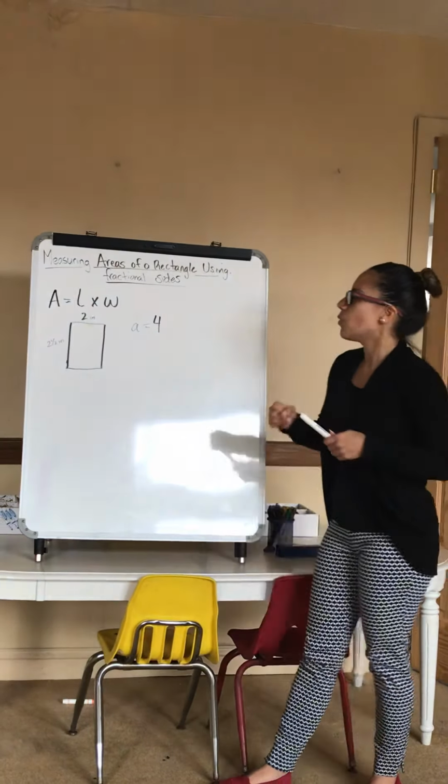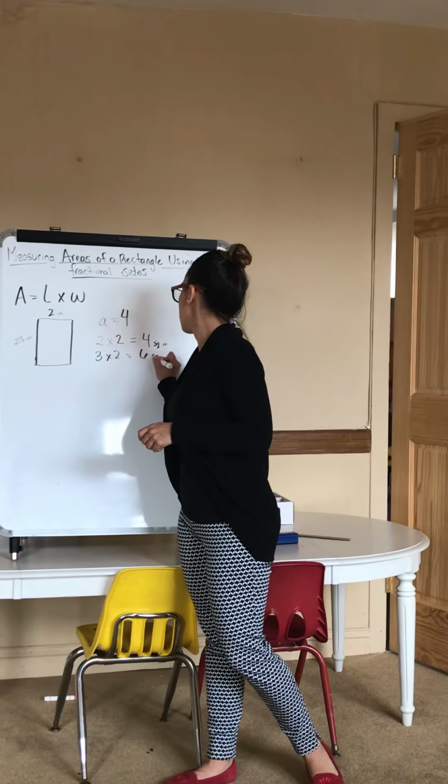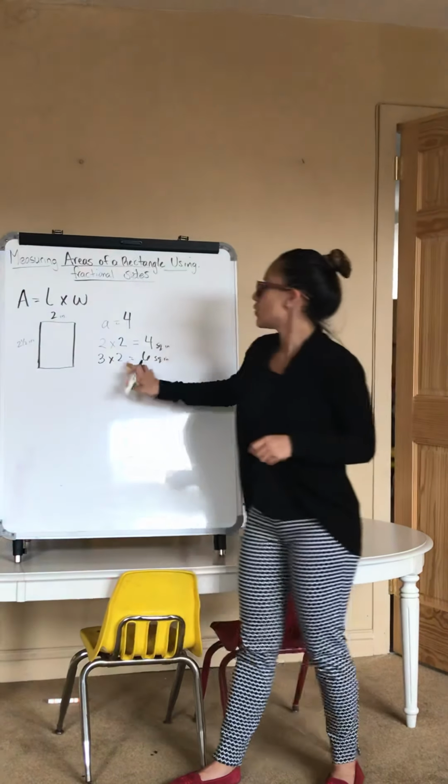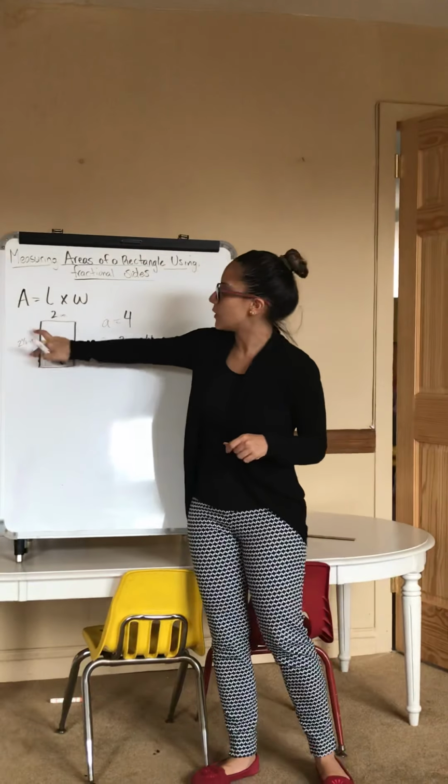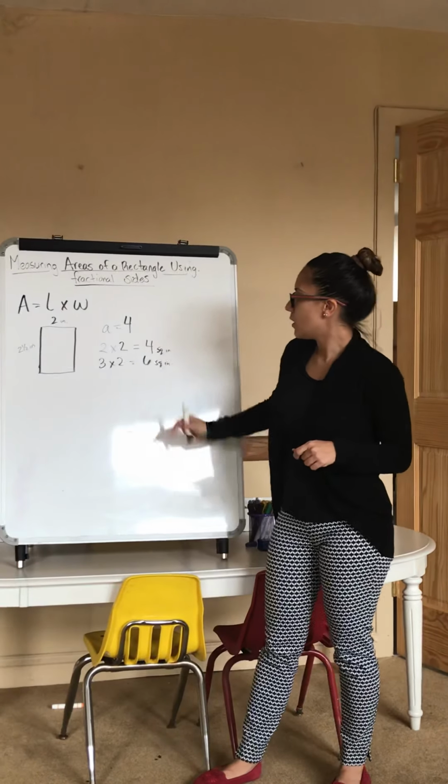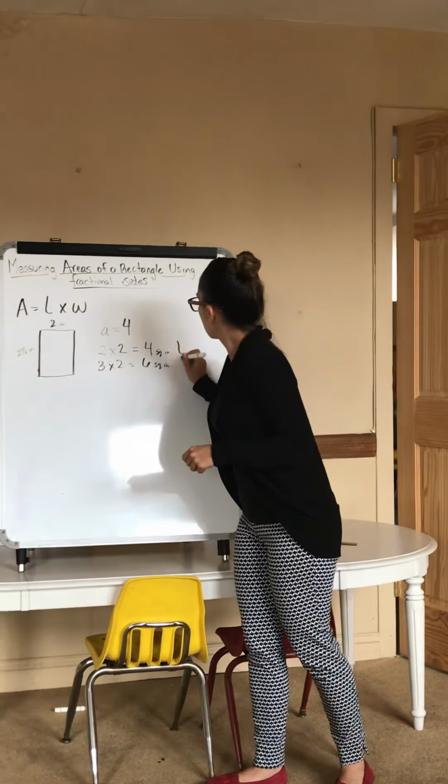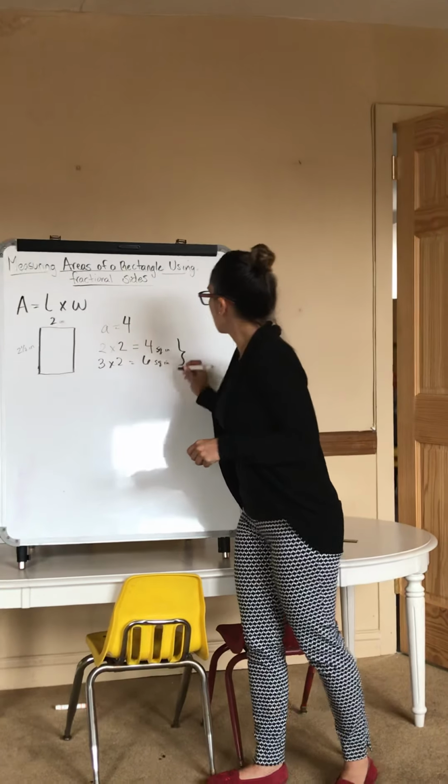So if it was 2 inches long, it would be 2 times 2 equals 4 square inches. But if this side was 3 inches long, it would be 6. So, because this side is between 2 and 3 inches long, we can say that our area is going to be between 4 and 6 square inches.